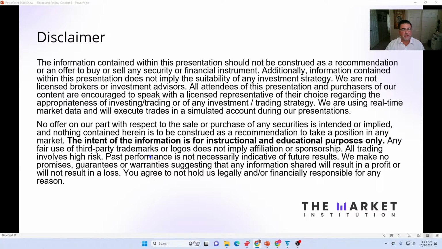Any fair use of third-party trademarks and logos does not imply an affiliation or a sponsorship. All trading involves high risk. Past performance is not indicative of future results, and we make no promises, guarantees, or warranties that any information shared will result in a profit and not in a loss. You agree to not hold us legally or financially responsible for any reason.